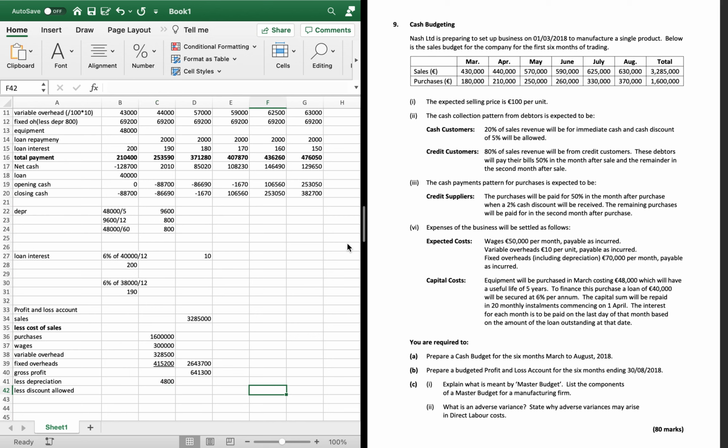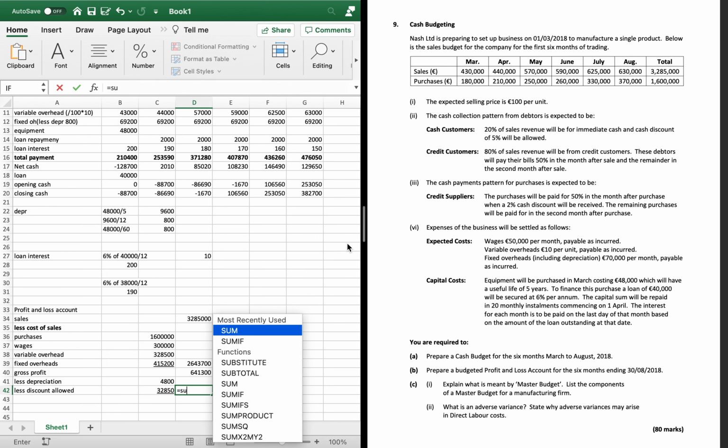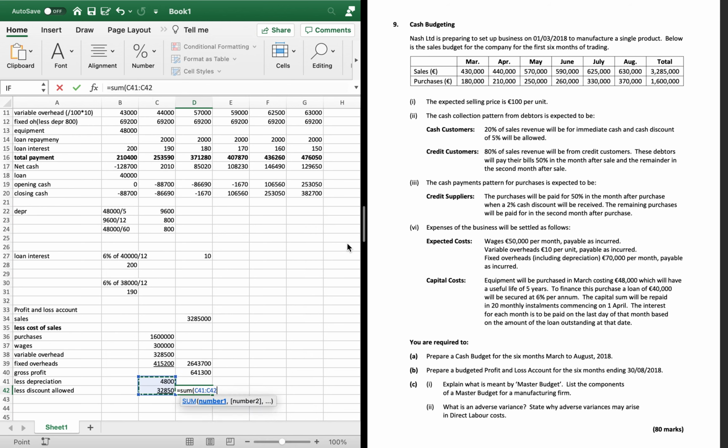Just go again there. So 20% cash discount of it's 5%. Sorry, 5% of 20% of 3285, 32,850. Again, just shows you the value of reading the questions carefully. I have the marking scheme in front of me now, just to make sure. So we're going to take that away.